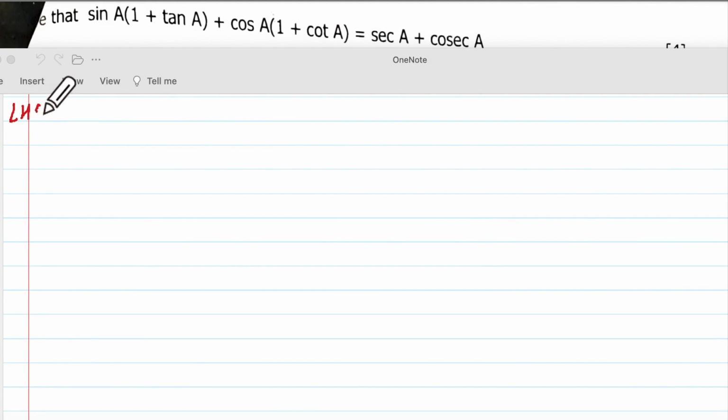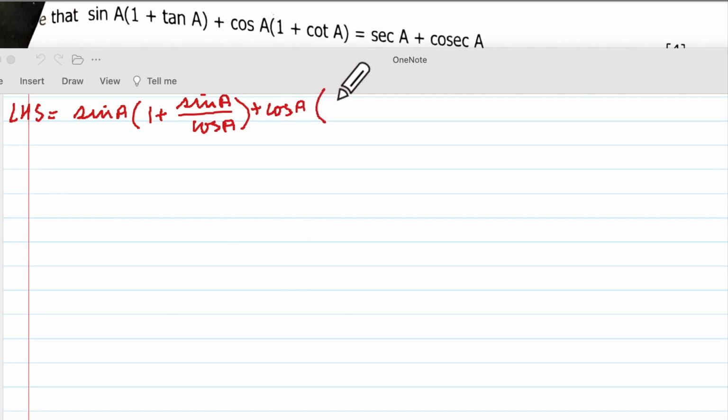Obviously, you will take LHS is equal to sine A into 1 plus tan A. 1 plus tan A means sine A upon cos A, and plus this will be cos A into bracket 1 plus cos A upon sine A. Now don't write cos upon sine, that A should be written.